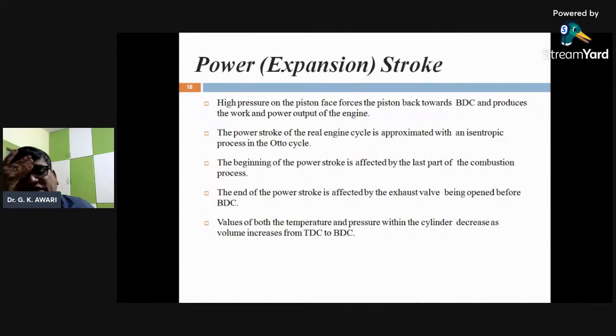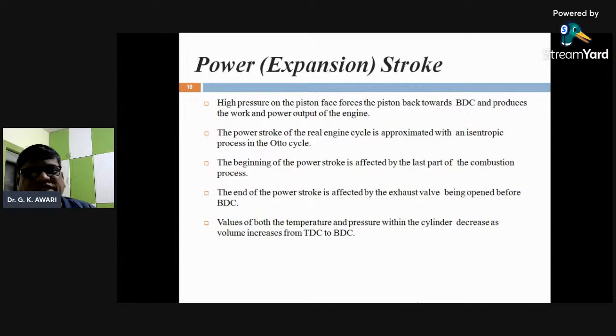Then the power stroke, or the expansion stroke, in an Otto cycle. The high pressure on the piston face forces the piston back toward the BDC and produces the work and power output of the engine. The power stroke of the real engine cycle is approximated with an example of the Otto cycle.